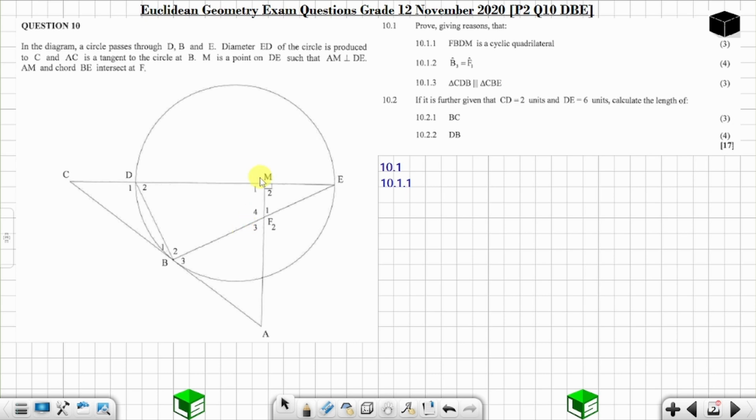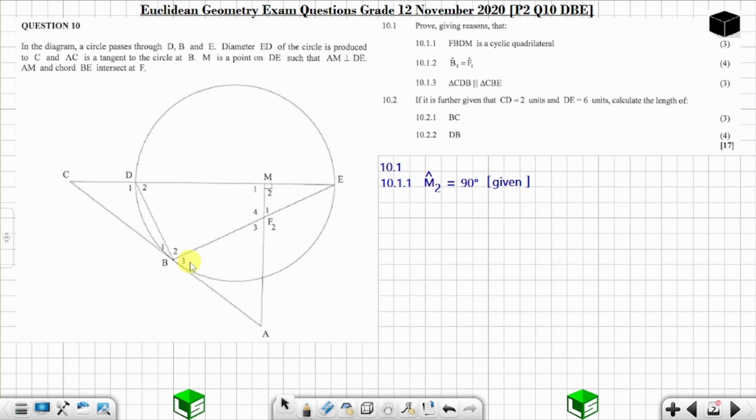So I can use the angle M2 and prove that angle M2 is equal to angle B2. Angle M2 is equal to 90 degrees, this is given. Angle B2 is subtended by the diameter ED, so this angle is equal to 90 degrees.